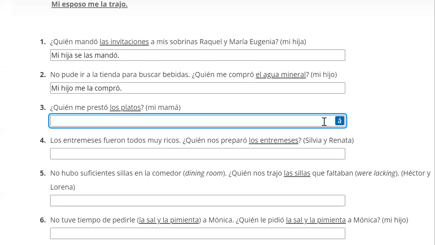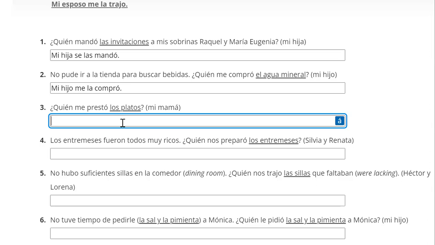So in this one, who loaned me the dishes? We're going to say my mom lent them to me. So which type of object pronoun do we use, or which object is los platos? And that's the direct object here because what was loaned, los platos were loaned.